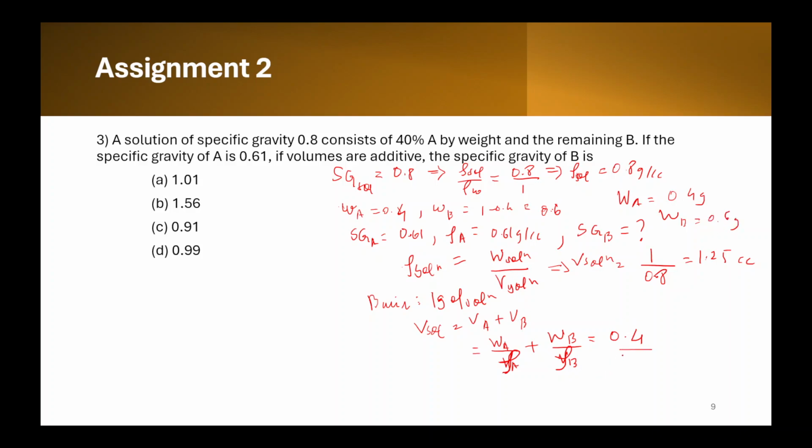So 0.4 by rho A, rho A will be again 0.61, plus 0.6 by X because we don't know the density of B. So volume of solution again is 1.25. If we solve this, this comes out to be 0.655 plus 0.6 by X equals 1.25.